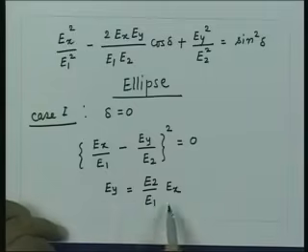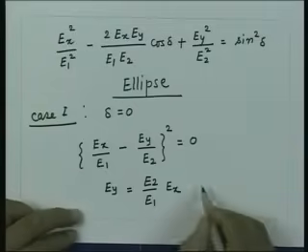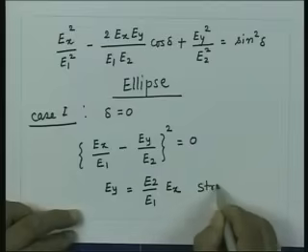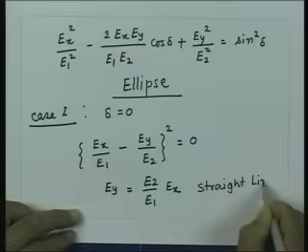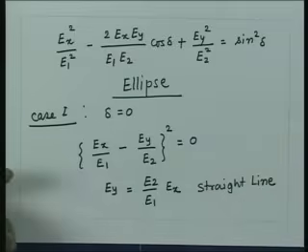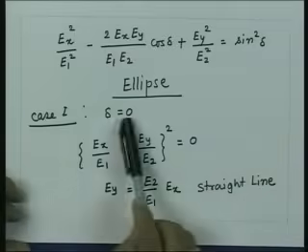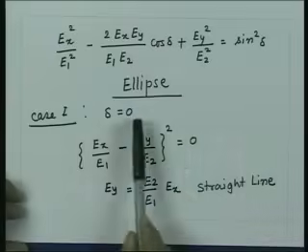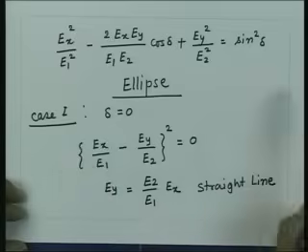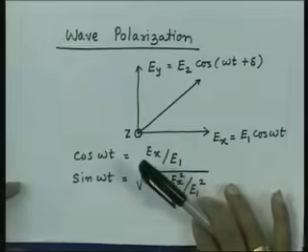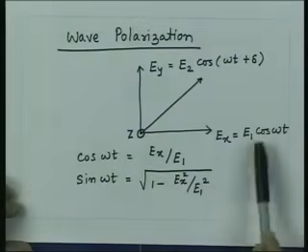This is now the equation of a straight line. So, if the phase difference between the two electric fields is 0, then the tip of the electric field vector draws this straight line as a function of time, and that we can see from here. Let us consider the cosine function.